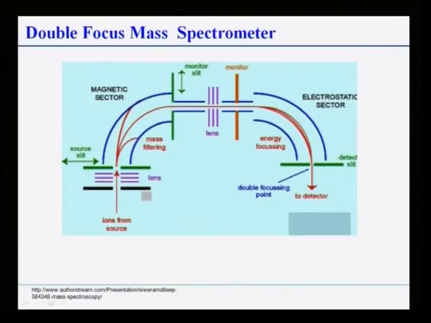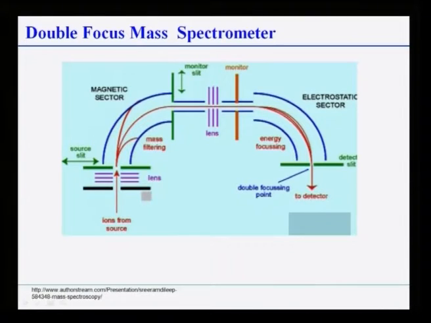Next one, which is also widely used for quite some time, is known as the double focus mass spectrometer. What is a double focus mass spectrometer? Well, single focus mass spectrometer you have seen, here we are using two focusing elements.